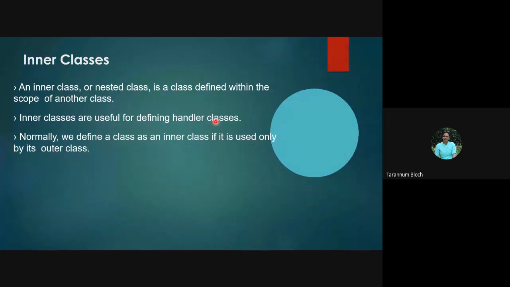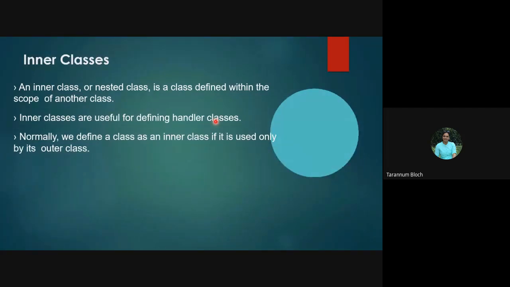So an inner class is basically a class which is defined within the scope of another class, right? In other words, if we have a class within a class, we call it an inner class. Fine.